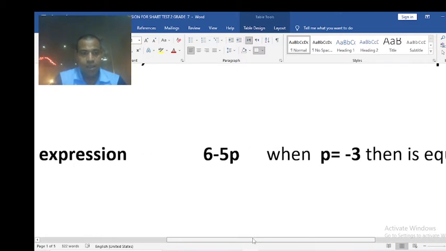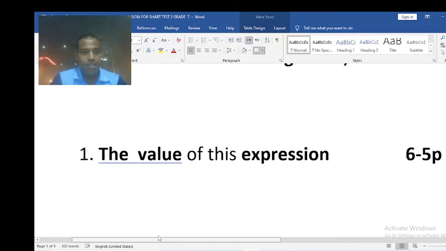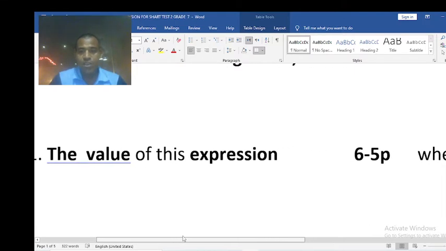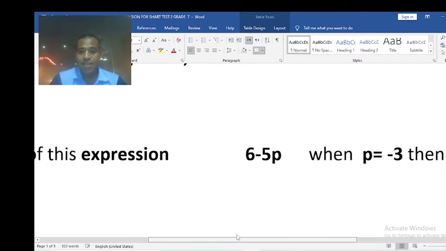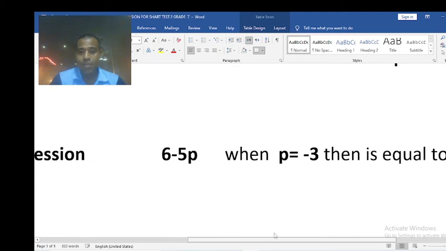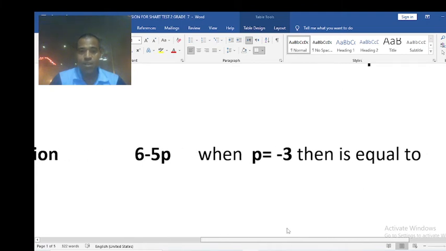the value of this expression 6 minus 5p, when p equals negative 3, is equal to what?